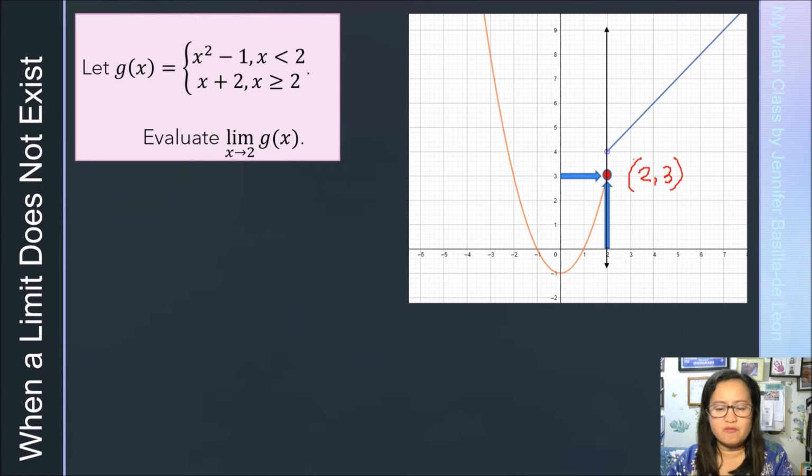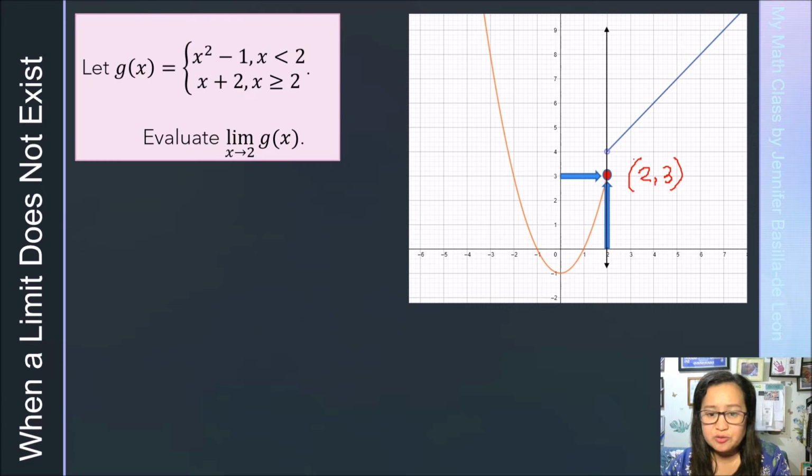So if we have it in tabular form, you can already see the values of x that lie on the left side of the given function. Now let's trace first.